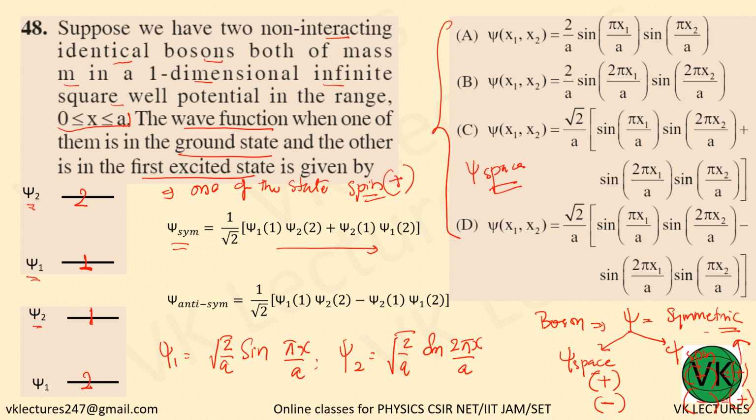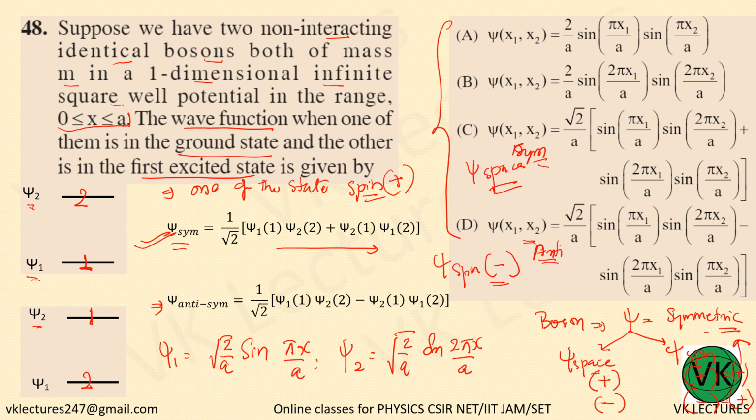If psi spin was anti-symmetric, that is minus, then your psi space must again be anti-symmetric. Then you have to use this formula. So this is psi space plus, that is symmetric, the formula you have been using. This is for antisymmetric. So it depends on the value of psi spin.